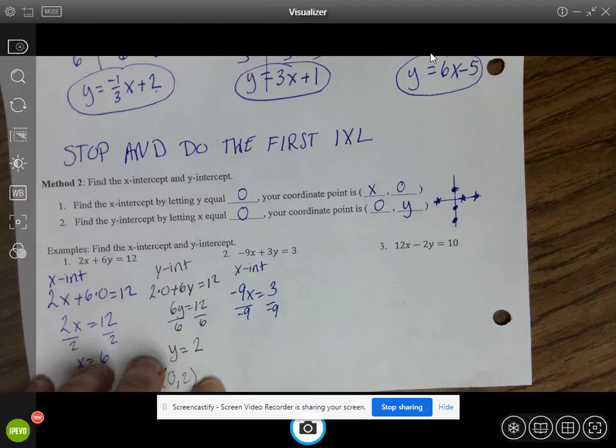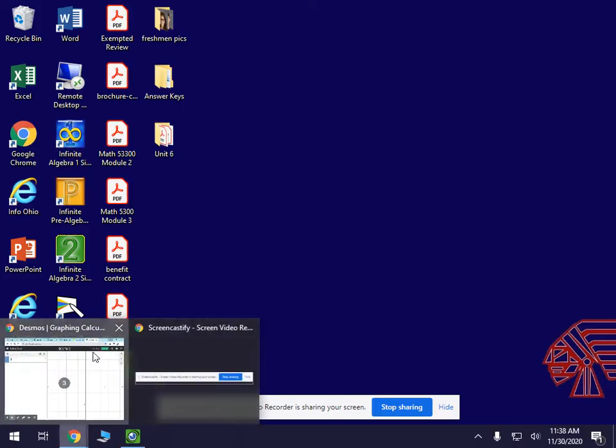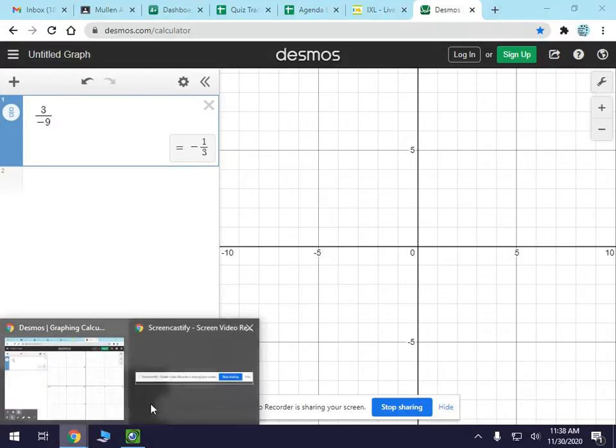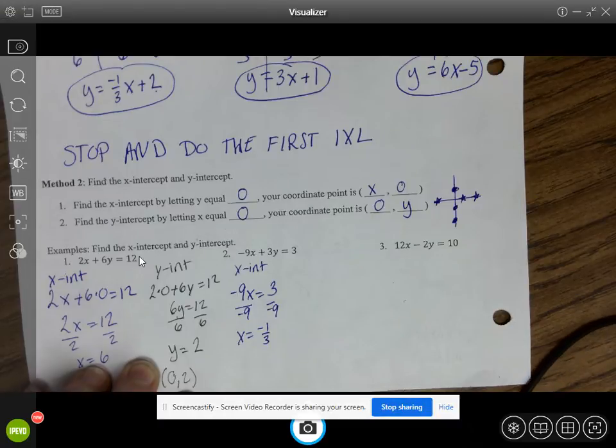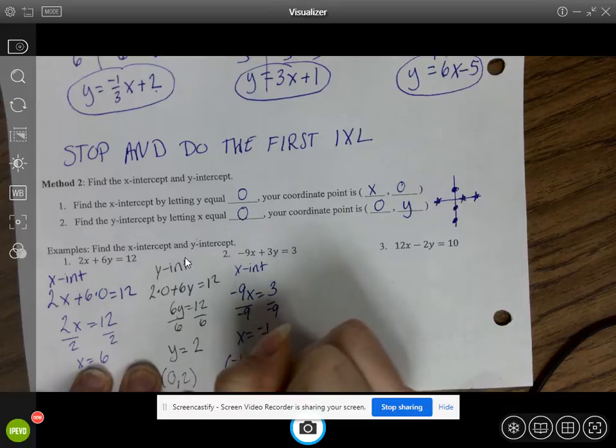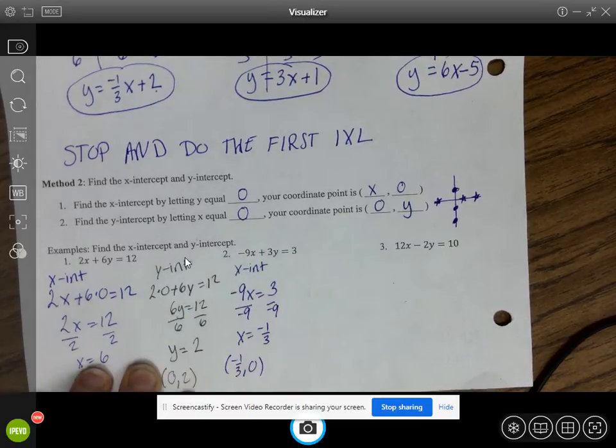Now in this case, when I go to Desmos and I do 3 divided by negative 9, I get this fraction, which in this problem, all it's asking you to do is find the x and y intercepts. So that's fine. Your x-intercept is negative 1 over 3, comma, 0.